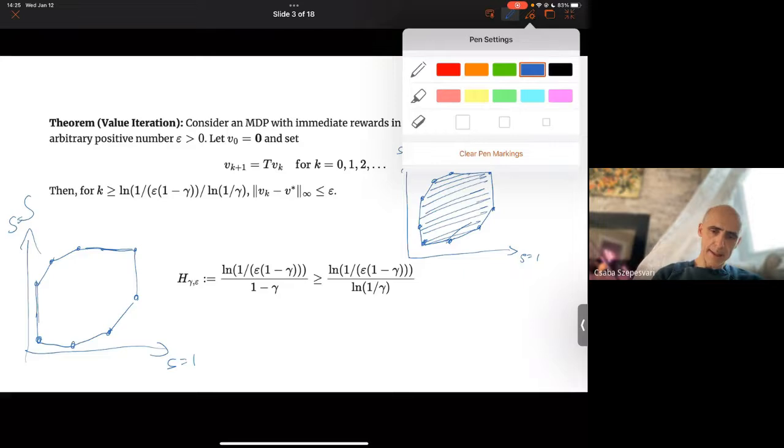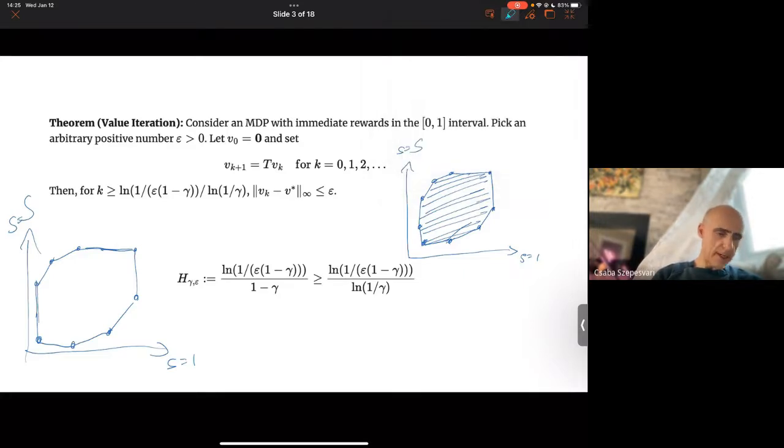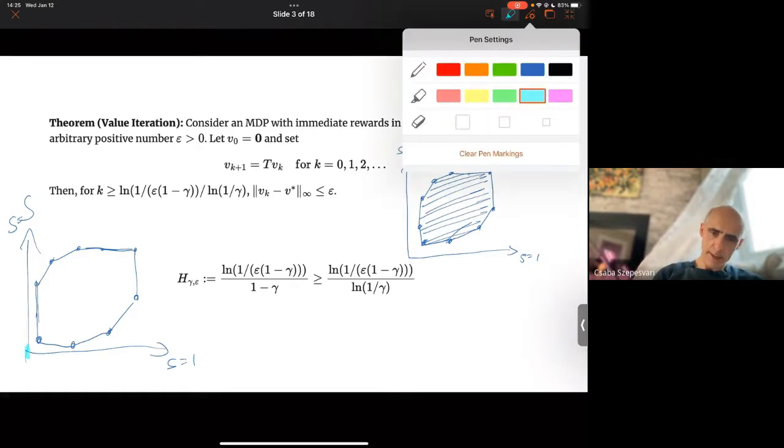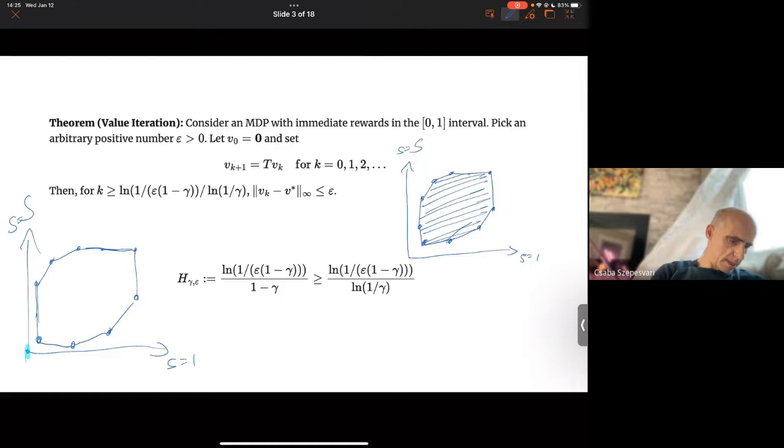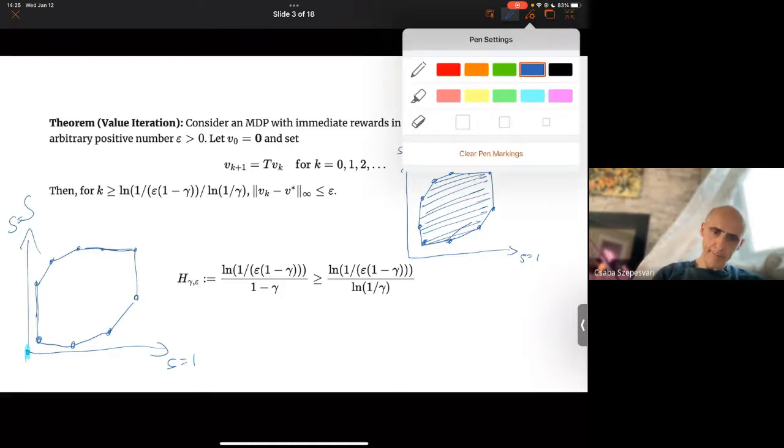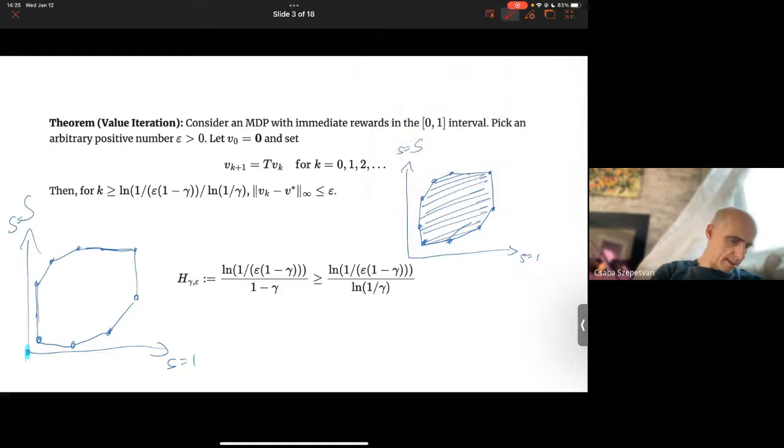And then we start with a point. Let's say you start with the 0 point. You start here, and you start to apply this operator T to this function. And it moves around.